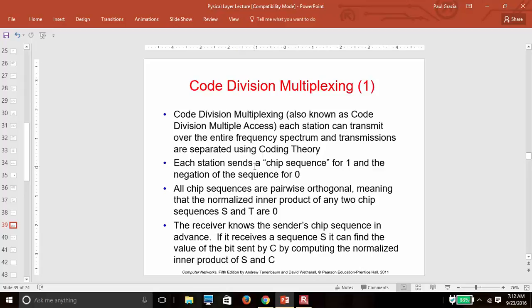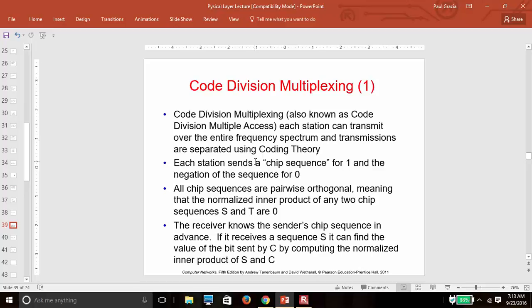You're sending different signals, and they can transmit over the entire frequency spectrum. They're not taking turns, but the transmissions are separated using coding theory. So we take advantage of some binary mathematical characteristics to make this work.